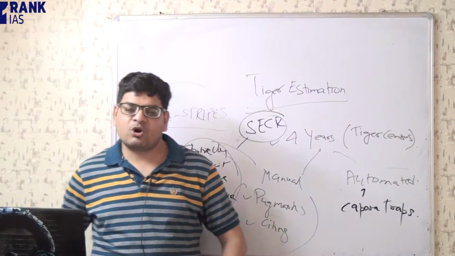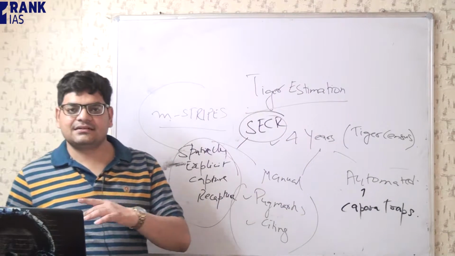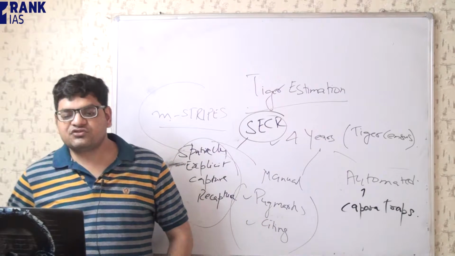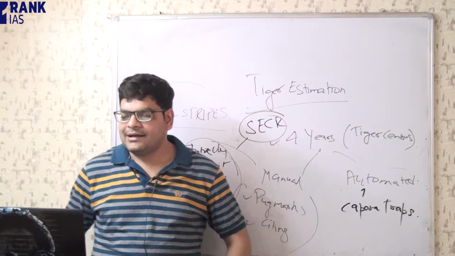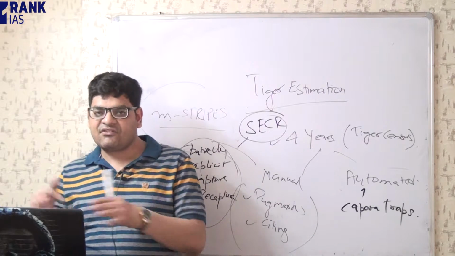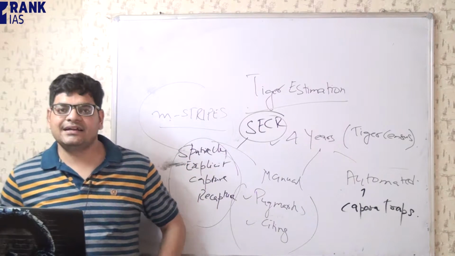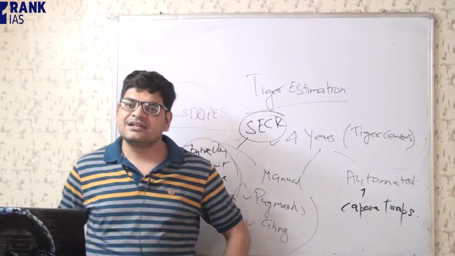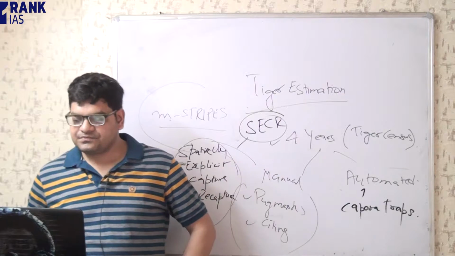Now there are also some cross-border tiger counts, because there are certain national parks on the boundary. Like in Nepal and India, Chitwan National Park in Nepal and Valmiki Tiger Reserve in Bihar share the boundary. So tigers can migrate from one place to another between Nepal and India, and therefore both countries are going for joint tiger counts.